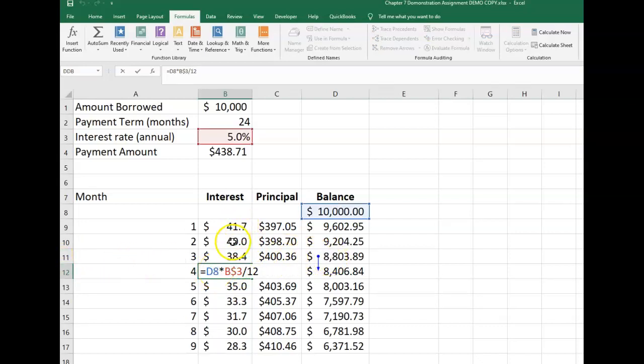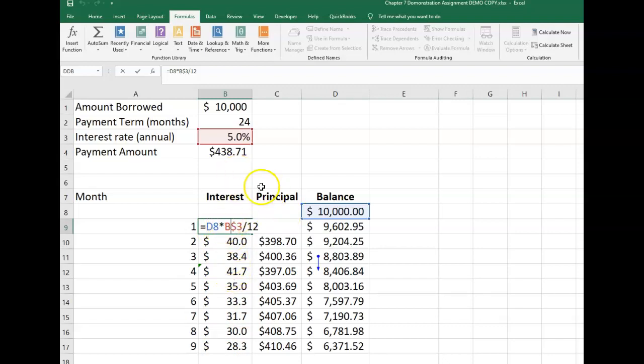But it looks like these three are calculated correctly. So what I'm going to do is take a look at the formula we have here. And this formula is D8 times the interest divided by 12. Well, that works very well, and this is not a fixed cell, so it should slide to D9, D10, D11.